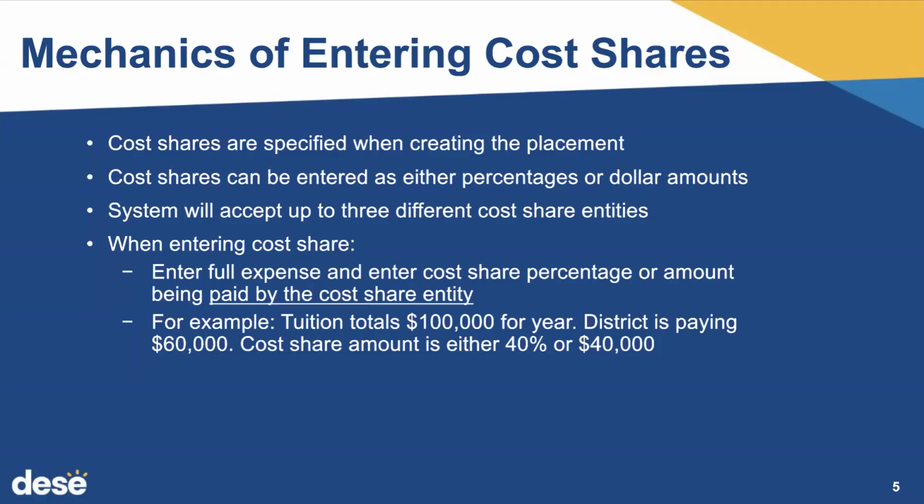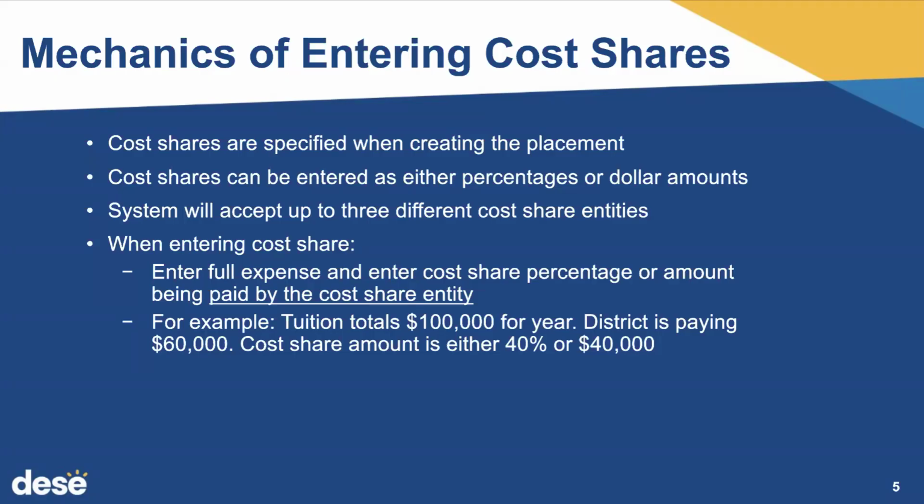When you're entering a cost share, you're going to enter the full cost, as I've said before, and you're going to enter the percentage or the total amount being paid by the other entity. An example of this is the full tuition cost is $100,000, but your district is only paying $60,000.